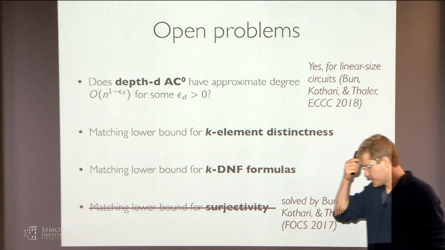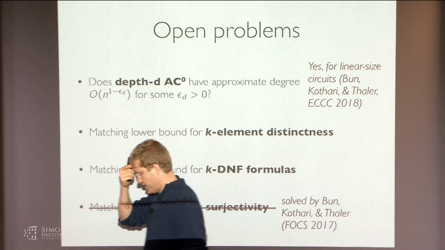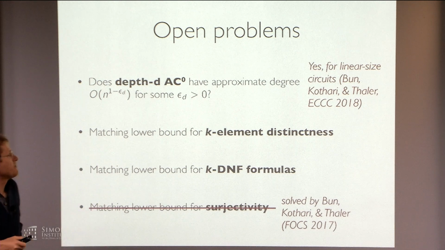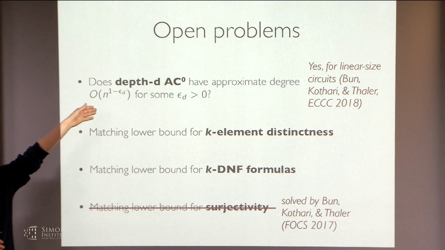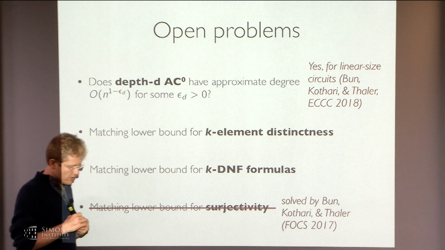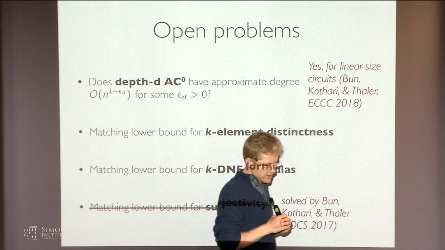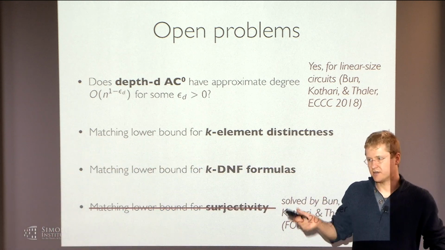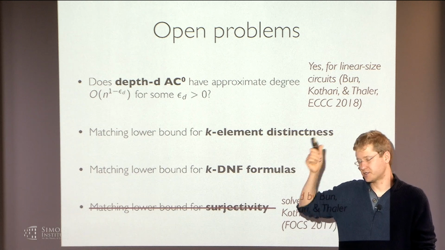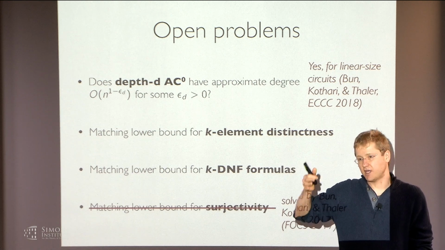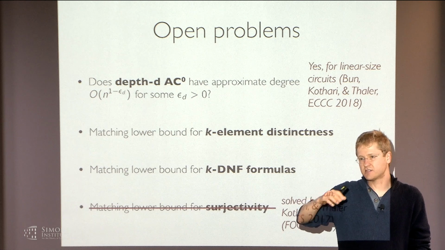Okay, one other exciting bit of progress that I should mention is there's a paper by Mark, Justin, and Robin that was posted, I think, literally a few days ago on ECCC. That makes progress on the first point. So the authors use the technique in the surjectivity proof that I just showed you iteratively, right? So surjectivity is depth 2.